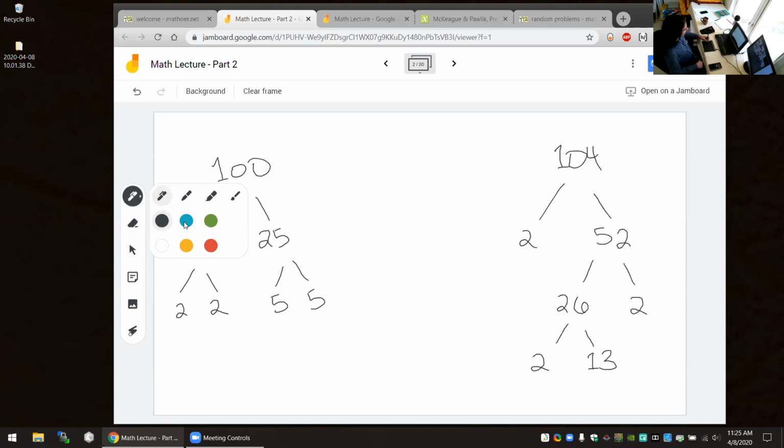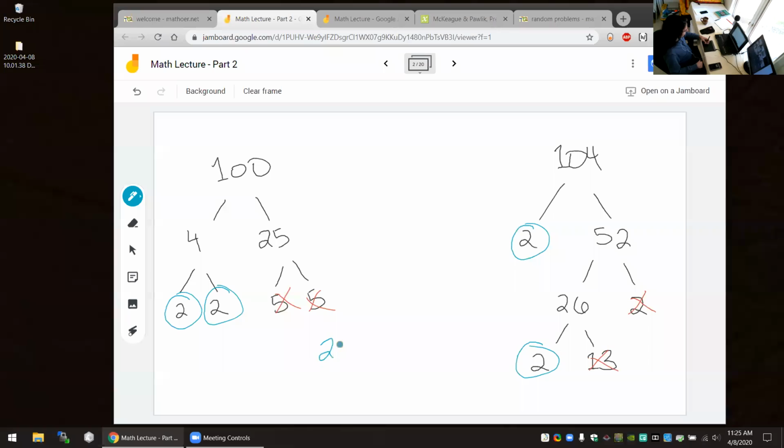Okay, so in this case, I have 2 in common, another 2 in common, the 5s, no 5s over here. Is there a 2 to match that one? Nope, we've already used up all the 2s. Is the 13 there? No. So I'm going to get 2 times 2 is 4.